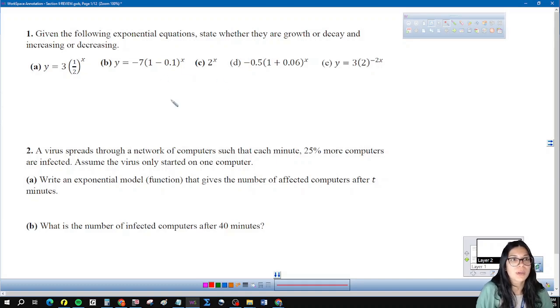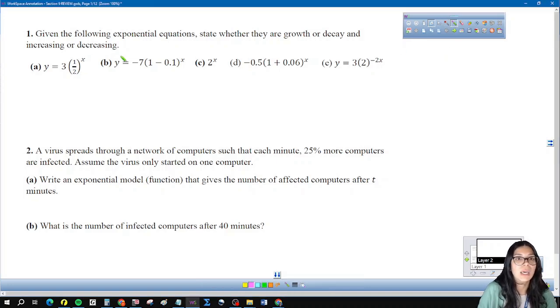So question number 1 says, given the following exponential equations, state whether they are growth or decay and increasing or decreasing. Okay, so if we look at the b value, that's what we need to focus on to determine if it's growth or decay. If the b value is a number that is bigger than 1, then that is growth.